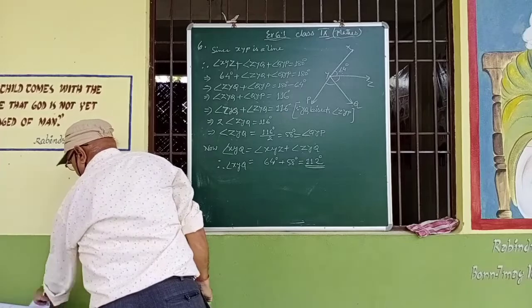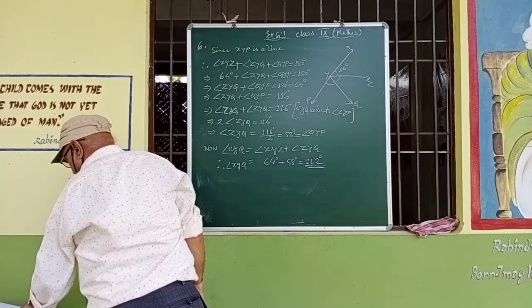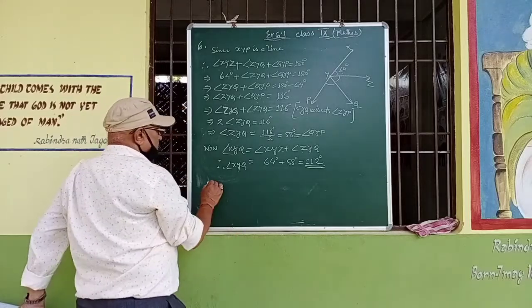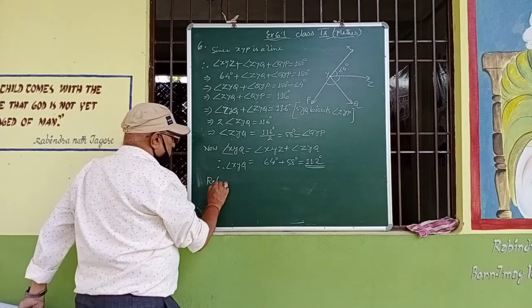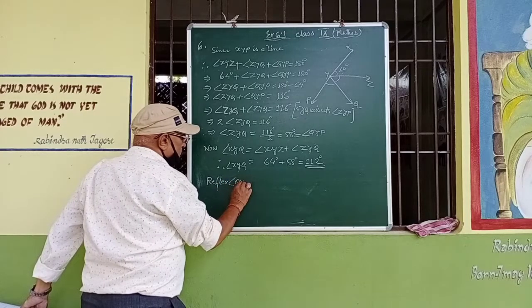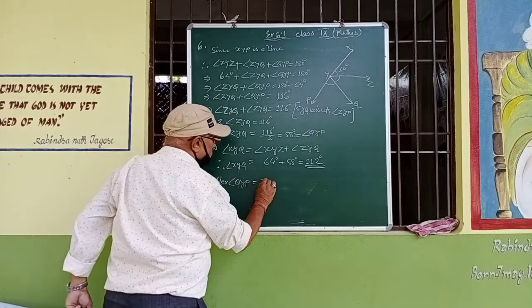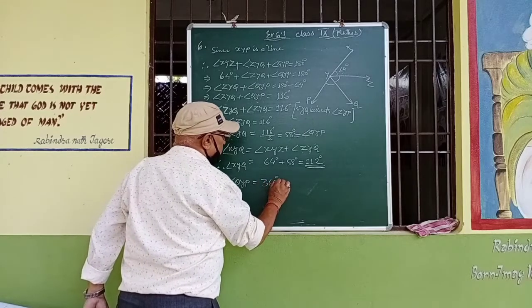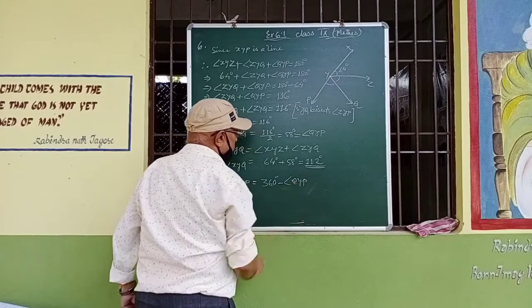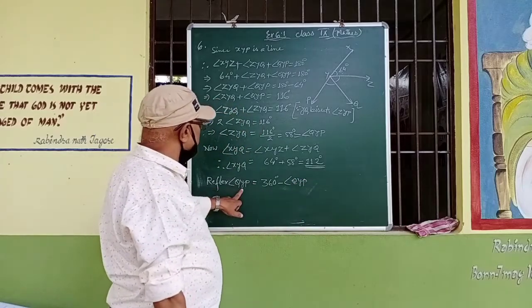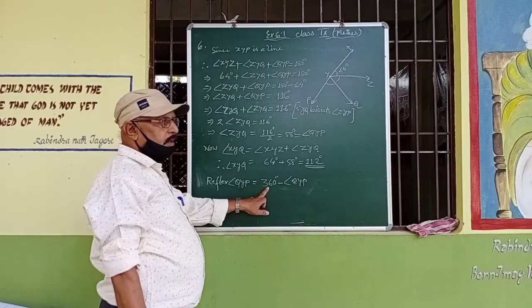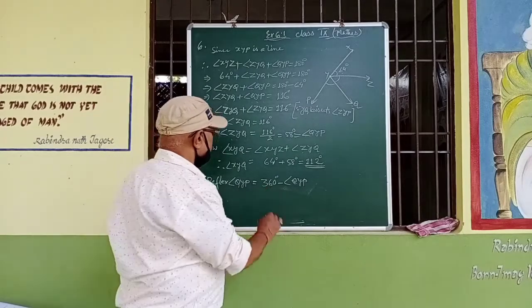And now we need to find reflex QYP. Reflex QYP is equal to 360 degree minus QYP, because reflex QYP is less than 360 but greater than 180.